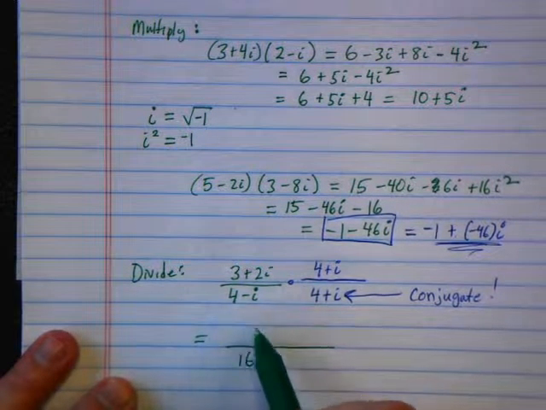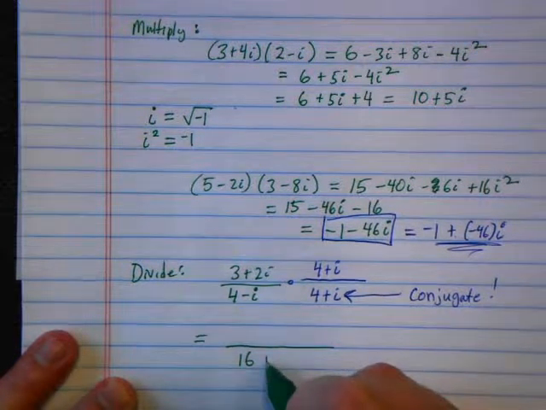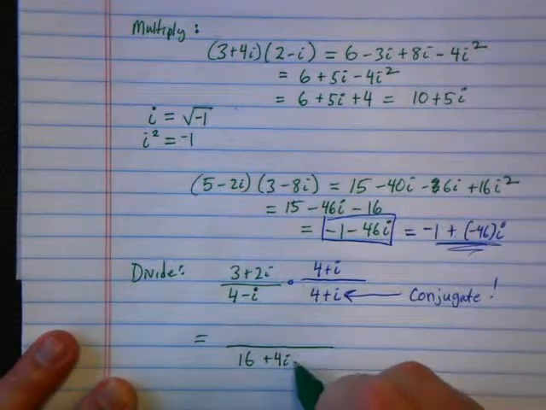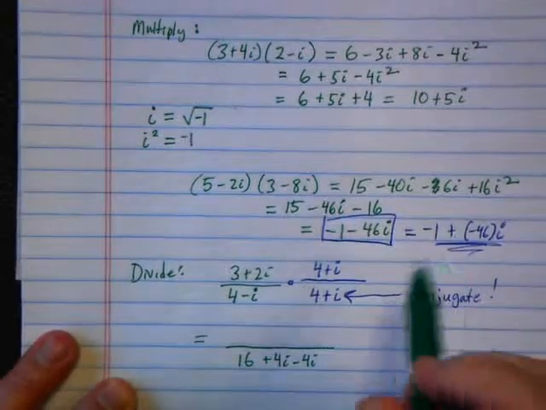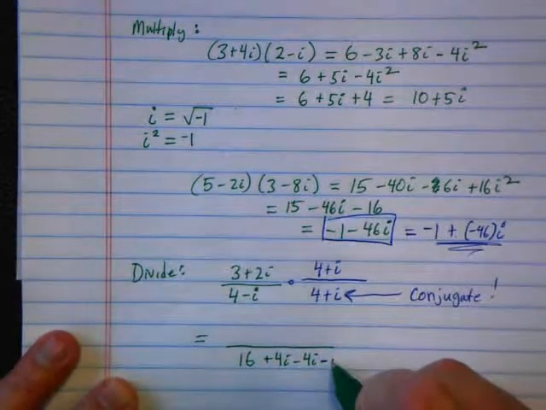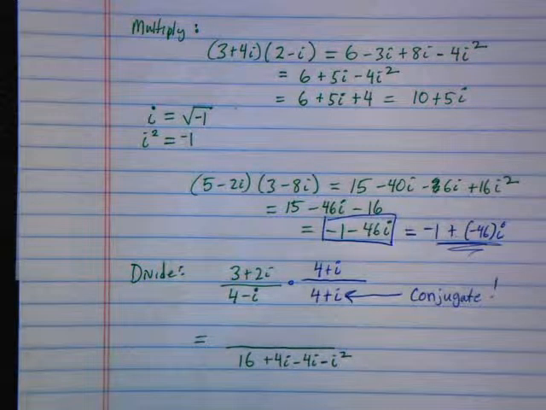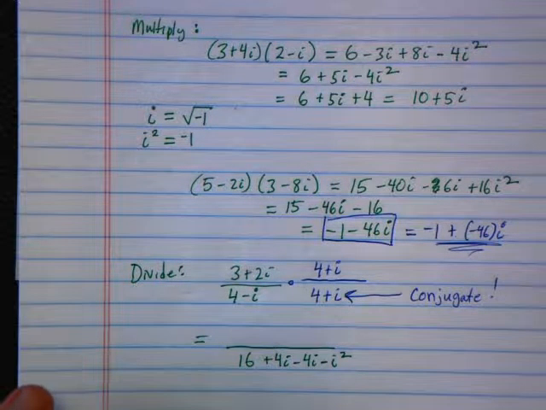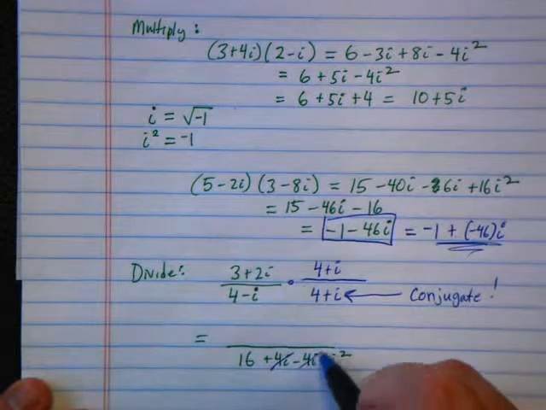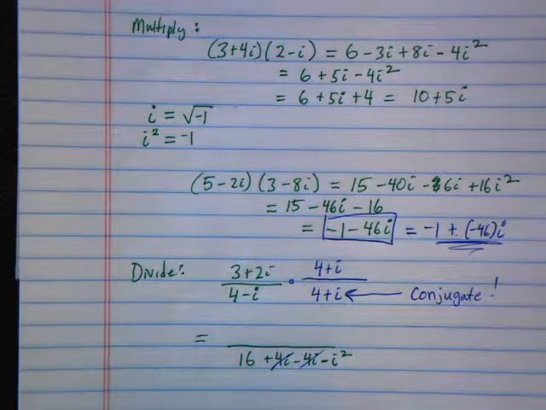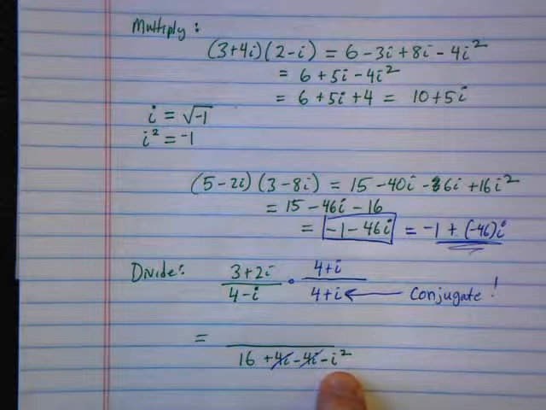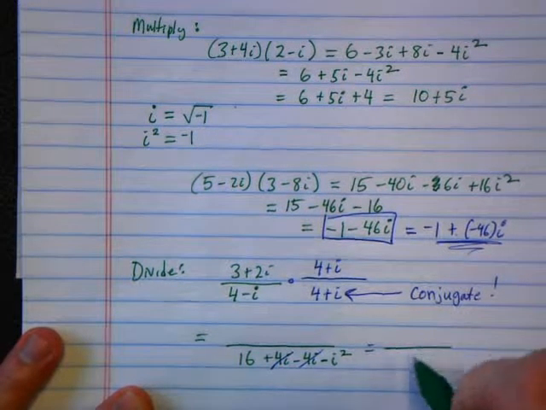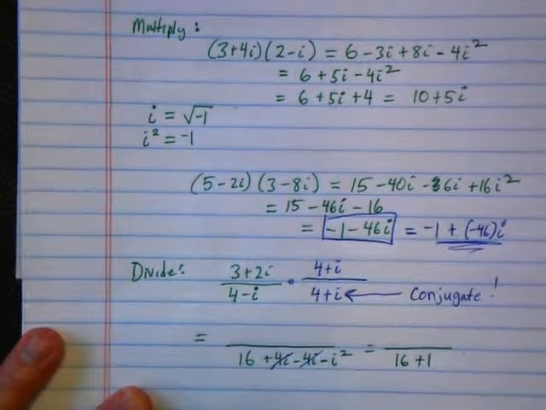And then on the outside, plus 4i. Inside, minus 4i. And on the end, minus i squared. So what happens? You get rid of the i's because the 4i and the minus 4i add up to 0. And the i squared is -1. So down on bottom, we have 16 plus 1.